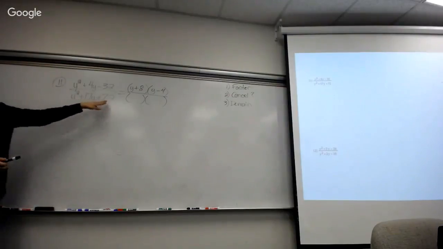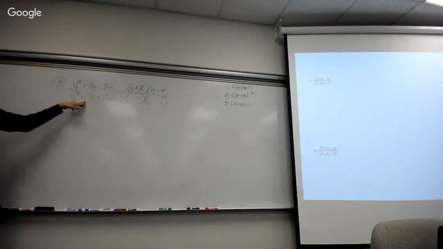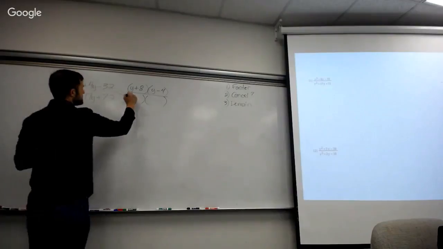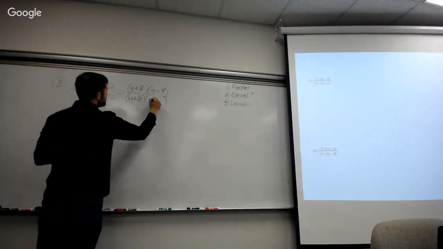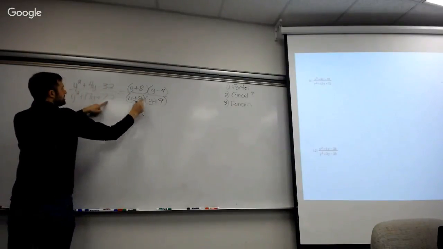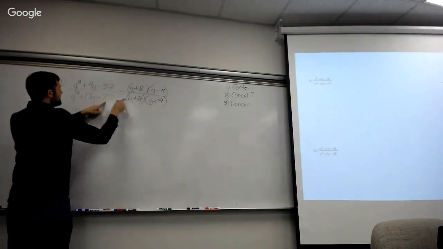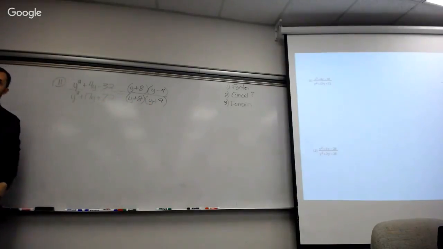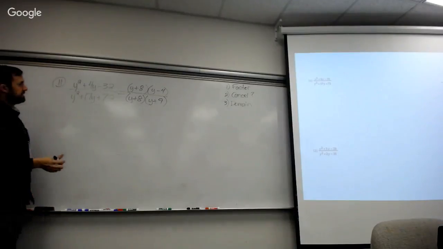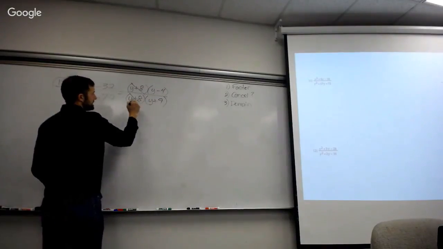How about the denominator? What multiplies to make 72 that adds to make 17? 8 and 9. So I'll go ahead and just put it in, y plus 8, y plus 9. You should always check: is 9 times 8 equal to 72? Yes. Is 9 plus 8 equal to 17? Yes. So you factor at your pace, and then we cancel, and therefore that's a what?